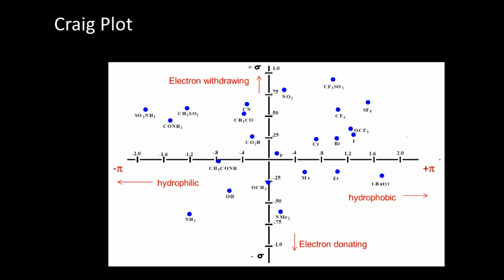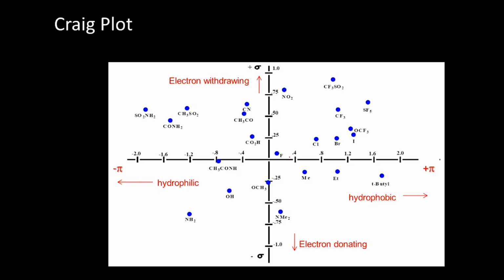Do I want to look at electron withdrawing effect by maintaining the hydrophobic hydrophilic balance, or do I want to modify the hydrophobic hydrophilic nature by maintaining the electronic, the sigma? So by deciding, I can synthesize different types of molecules and study their activity, so that I will have a very fruitful QSAR relationship.